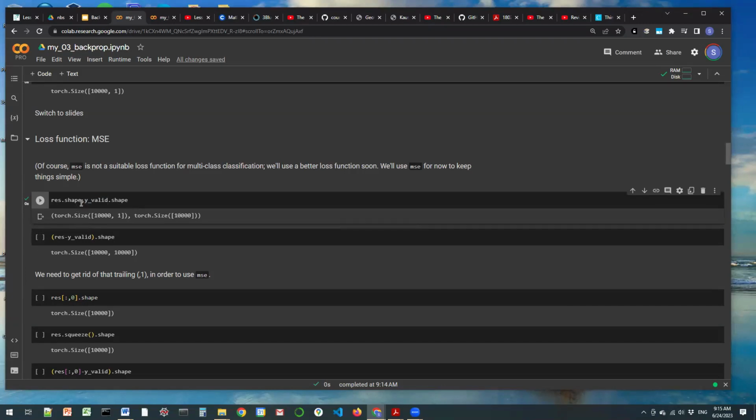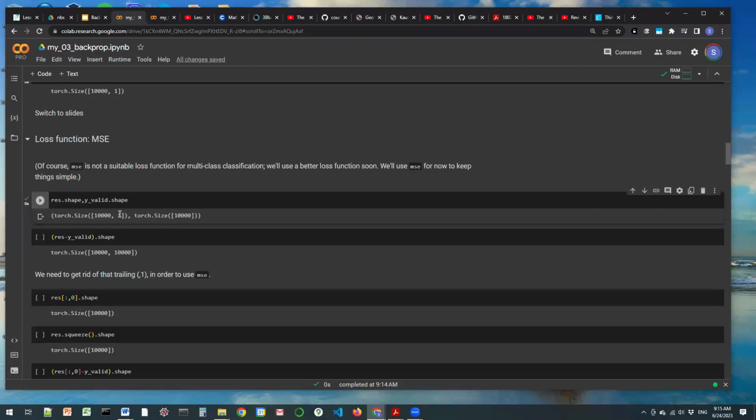Now, if we were to just try to calculate the difference by writing res minus Y valid, what do you think the shape of the output would be? Well, it kind of is unfortunately answered for us. If we just did this, it'll be 10,000 by 10,000. Why? Well, let's look at the shapes here, and remember how broadcasting rules work.